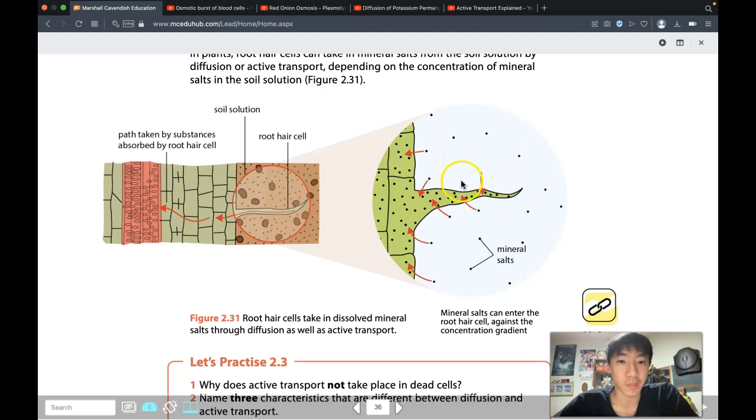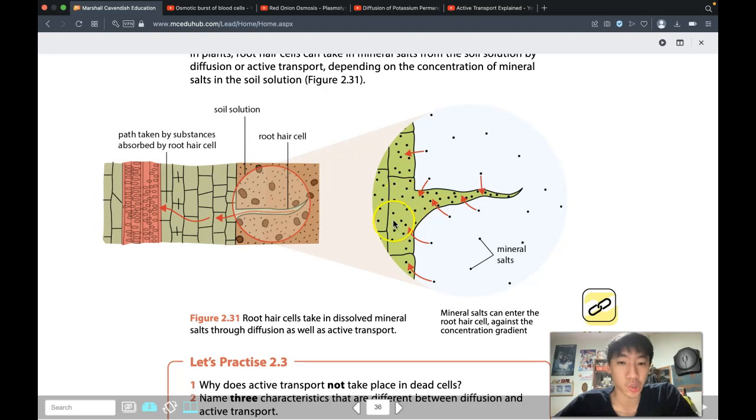Now some of the salts will enter naturally, by the process of diffusion, into the cell, but not a lot. Why is that the case? Because the root hair cell contains cell sap, and cell sap already has a high concentration of mineral salts inside.